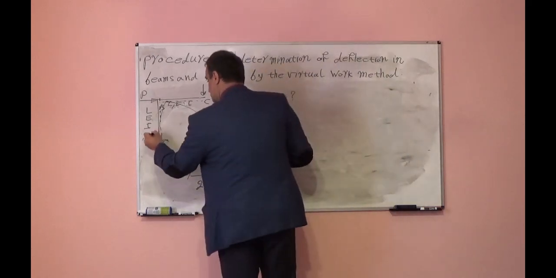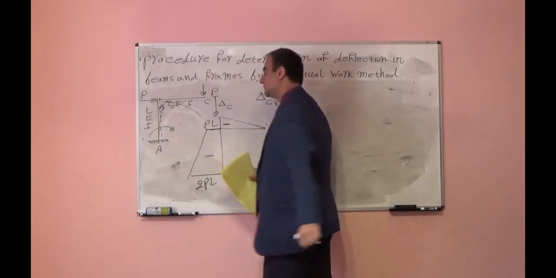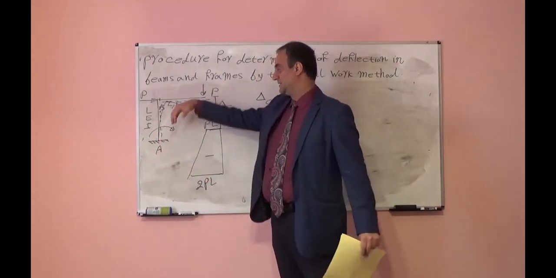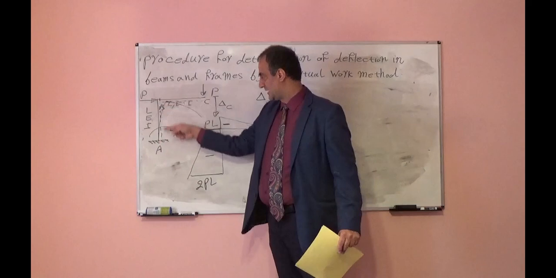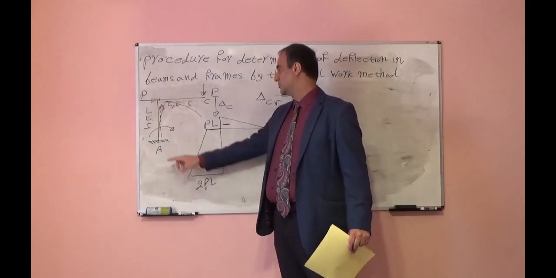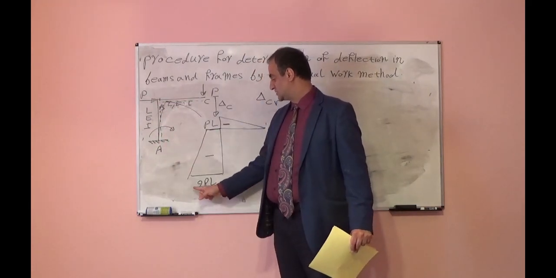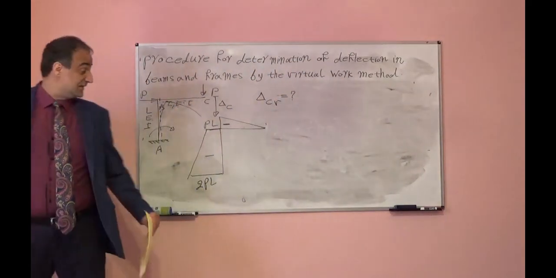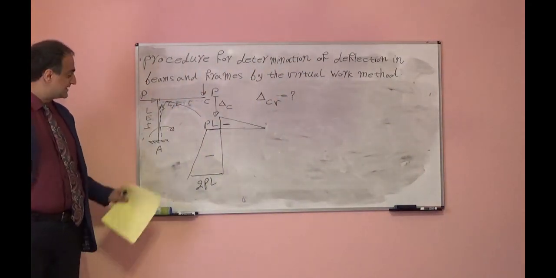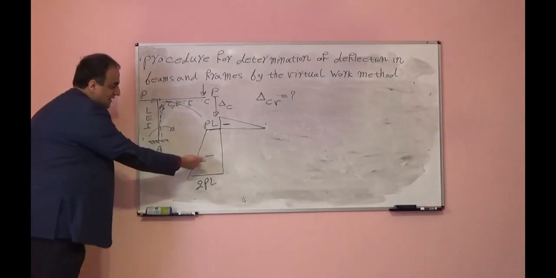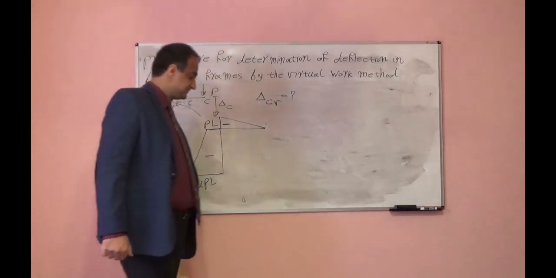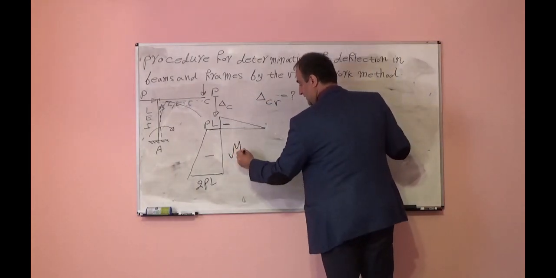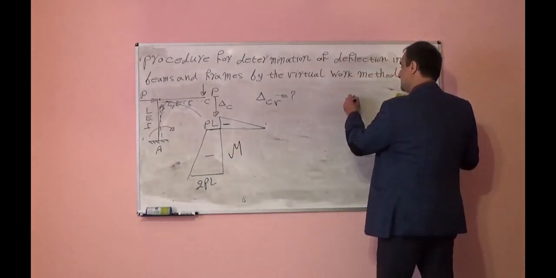If you apply the moment in this direction, P times L is clockwise, and another P times L is another clockwise moment, we add them together, so the resultant moment reaches 2PL, and that will create compression in the dashed line, so it is a negative moment. This is the moment diagram under real load.